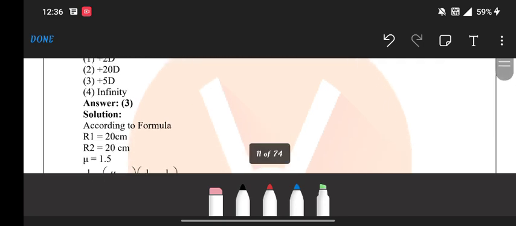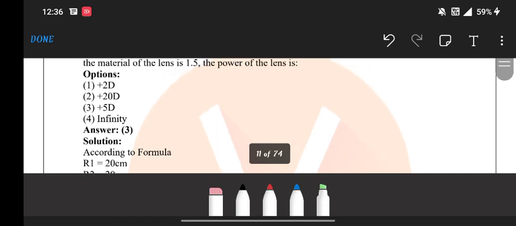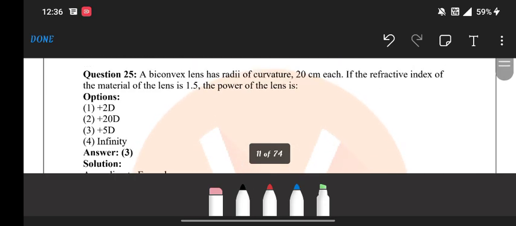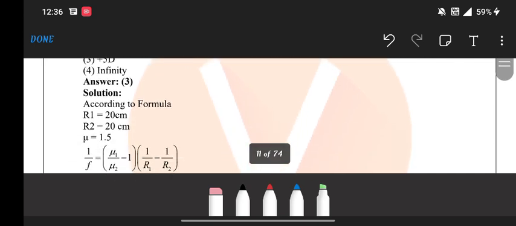So if we put in the formula, R1 is 20 centimeter, R2 is also 20 centimeter, because it is a biconvex lens. Mu is 1.5. So 1 by f is equal to mu minus 1 into 1 by R1 minus 1 by R2, this is the formula.